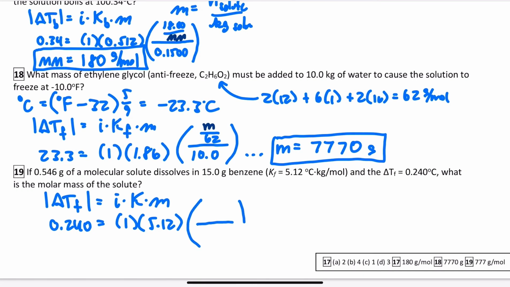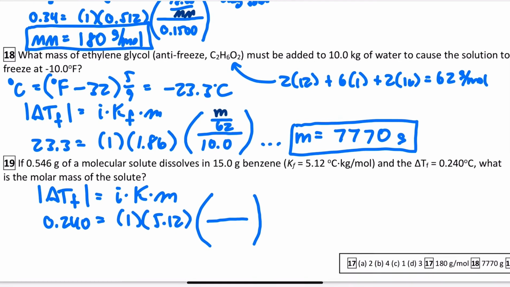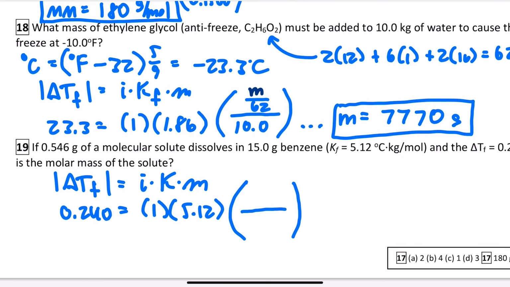This is just like the one we did 2 problems ago up here. Molality is moles over kilogram. And moles is mass over molar mass. So I'll plug in what I know and leave as a variable what I don't know. We know our mass of solute, it's 15.0. We don't know our molar mass. I'll say MM for the unknown. And we know our mass of solvent. Oh, my apologies, it's not 15 grams of solute.